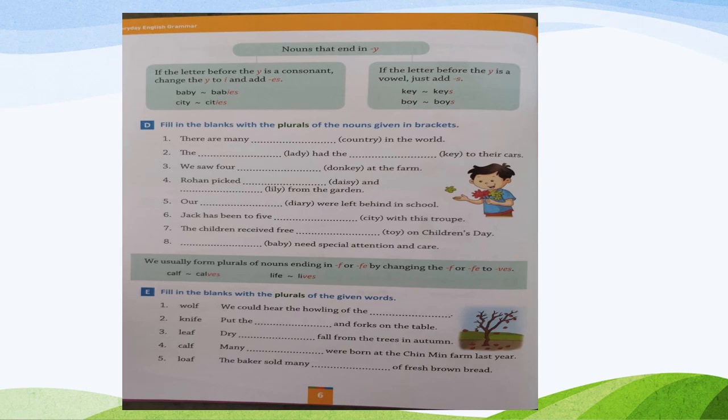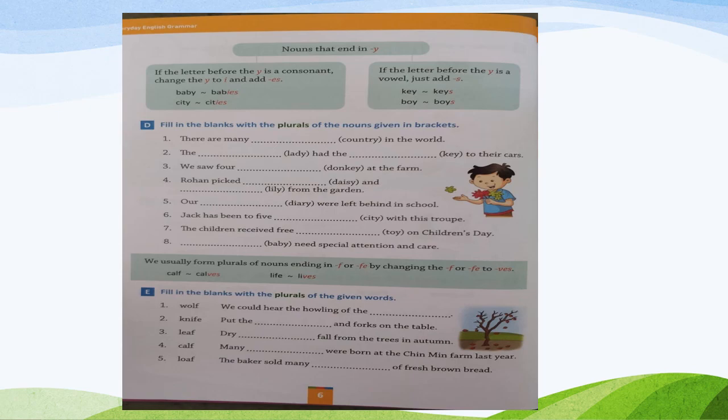Let's start. Number 1. There are many dash in the world. The word is country. Now the word ends with Y and the letter before Y is R, which is a consonant. So you will write countries by removing Y and adding IES.